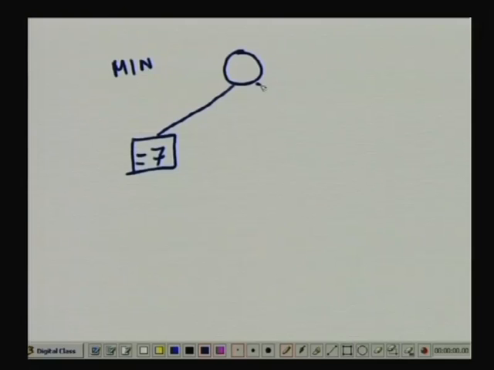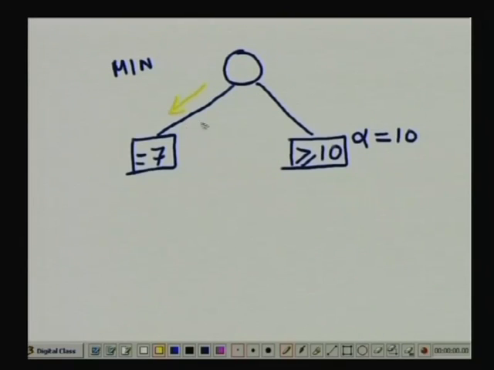Now, suppose min has another path to a max node whose alpha value is equal to 10, which means that its minimax value is greater than or equal to 10. Now, since min is a minimizing node, min knows that this path is better than this path, because in this path the actual value is going to be greater than or equal to 10. So, search can be pruned at this path. Okay.